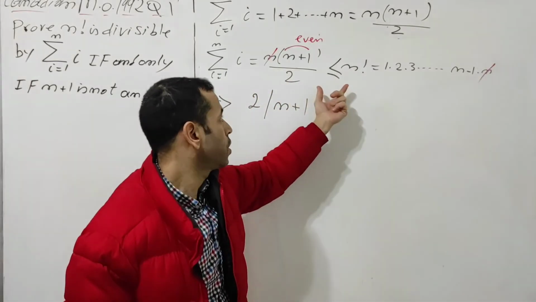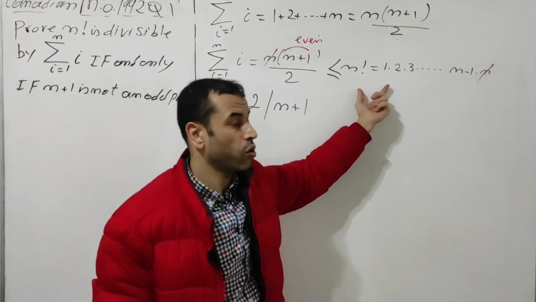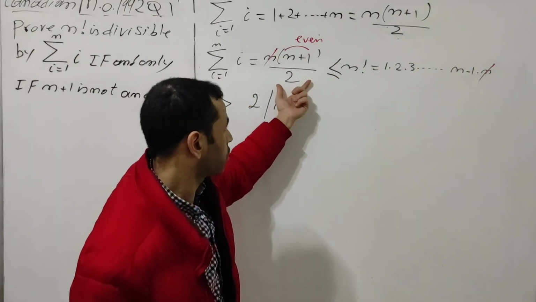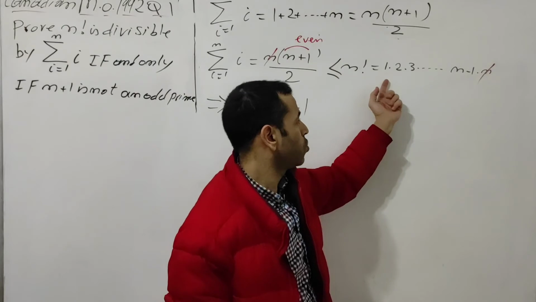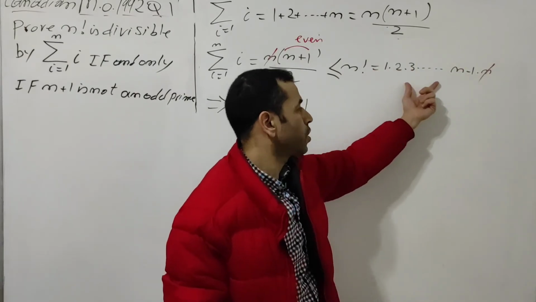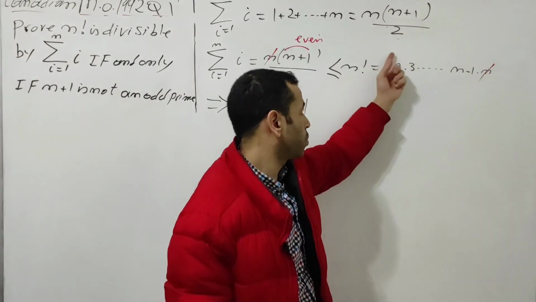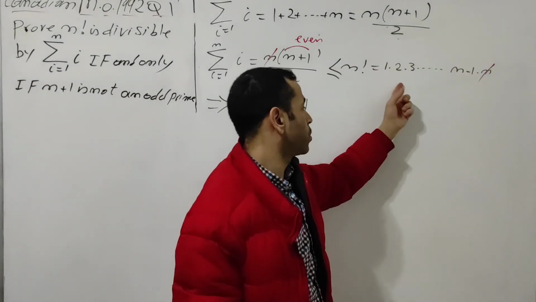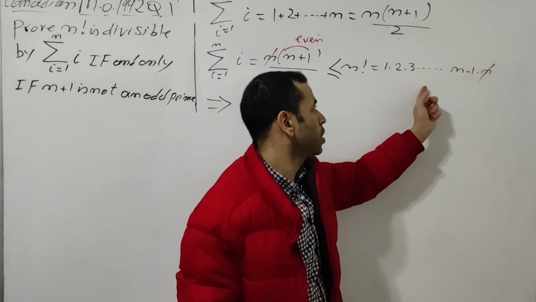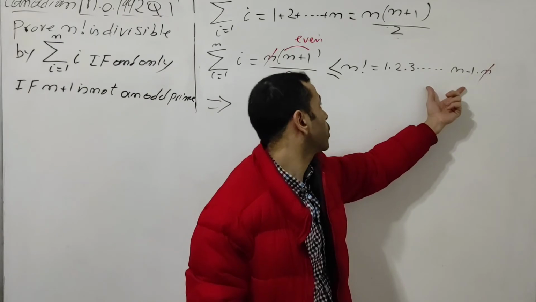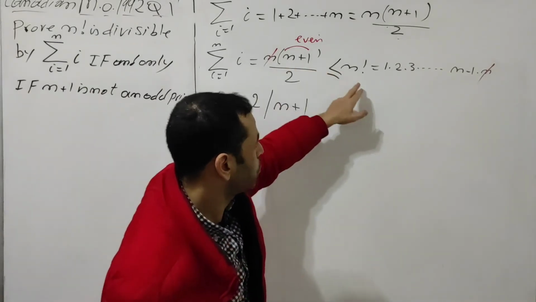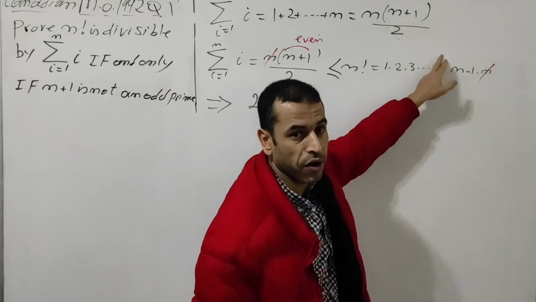That number could be odd or even. If it is odd, it will be simplified by the numbers that we have in this product, because here is a package of numbers: even, odd, primes. So whatever you have here will be cancelled by this product in n factorial.